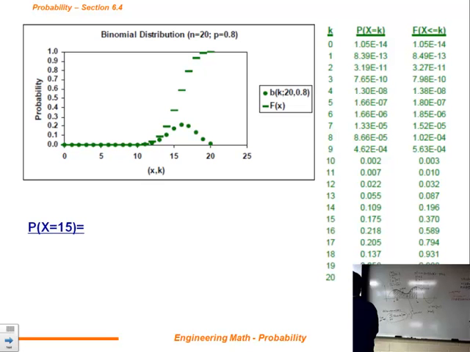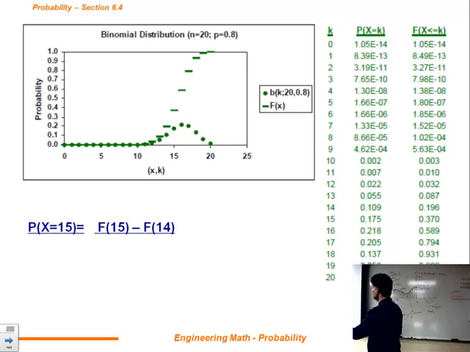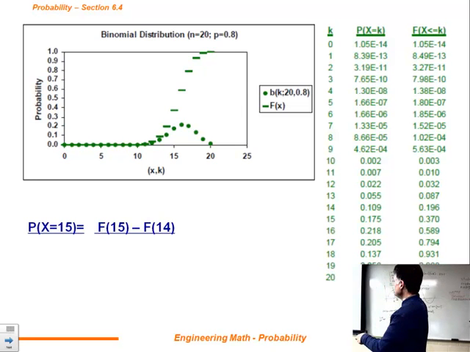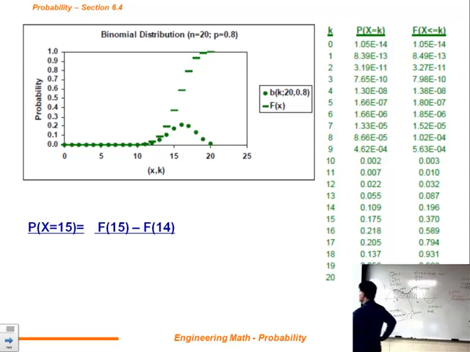So the probability that you get exactly 15 heads, well, we did that using the formula, but if we have the cumulative distribution, there's another way of doing that. You get exactly 15 heads if you get at most 15 heads, but you don't get at most 14 heads.